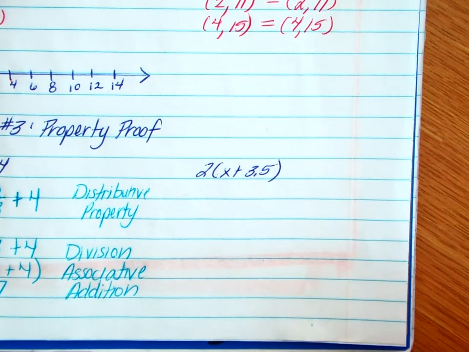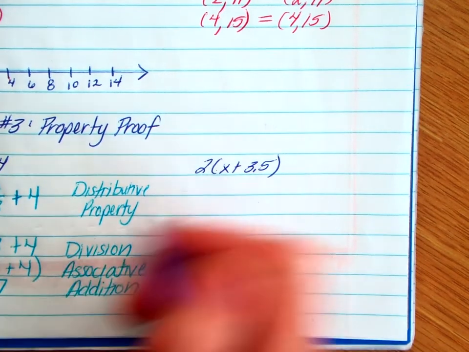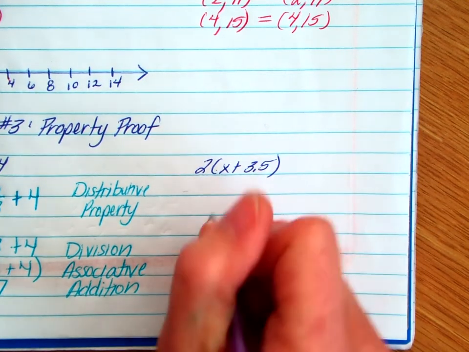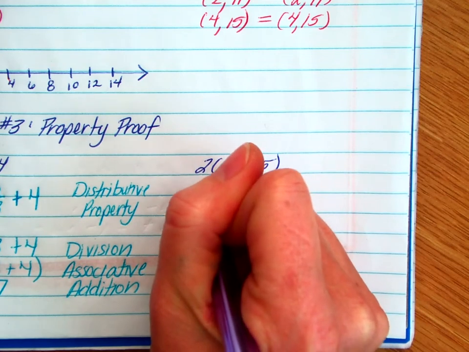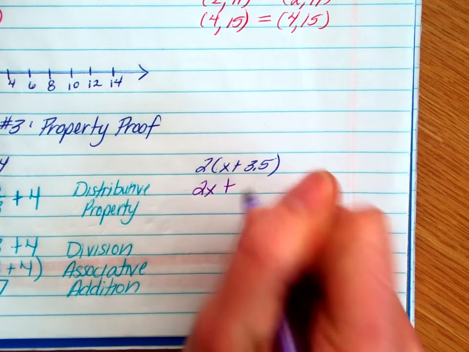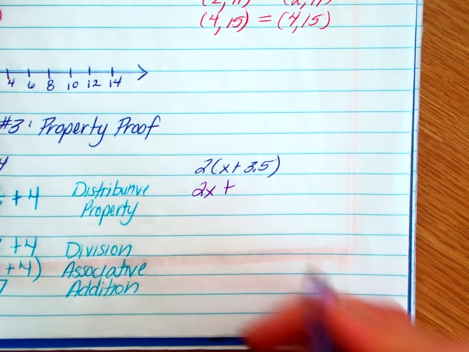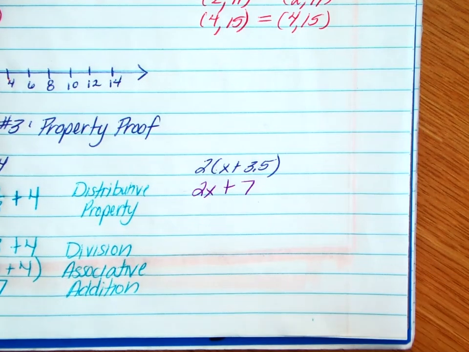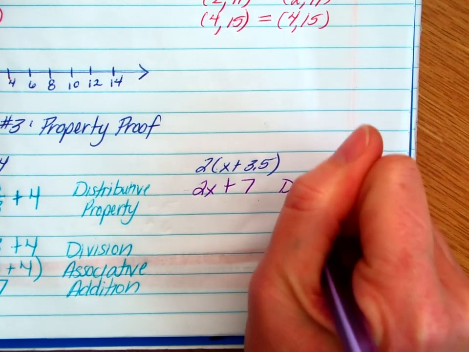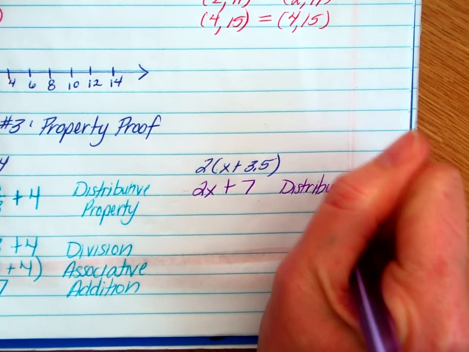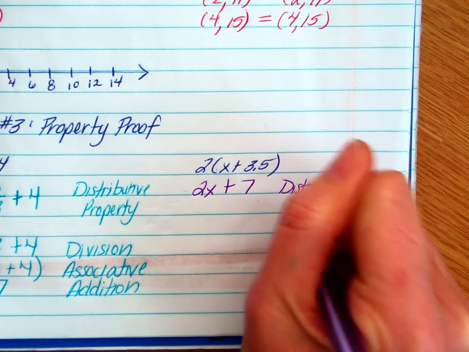If you said distributive property, you are correct. So I'm going to do 2 times x and get 2x plus 2 times 3.5, which is 7. That's it. Distributive property. Looks like I'm done. There's nothing else to do.